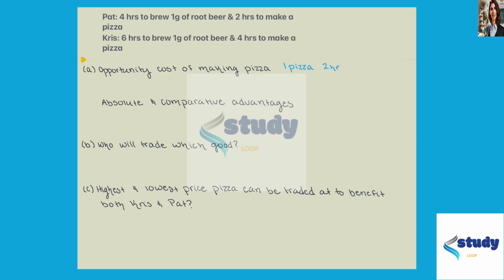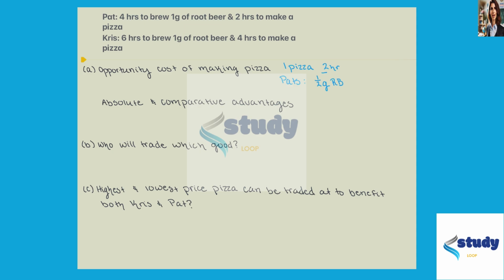And in those same 2 hours, what could have been done is a half gallon of root beer. And you can see that because it takes 4 hours for 1 gallon of root beer. So if we're taking half of the 4 hours, which is 2 hours, he would be able to brew half a gallon of root beer. So Pat's opportunity cost of making this one pizza would be a half gallon of root beer. So that is Pat's opportunity cost of making pizza.